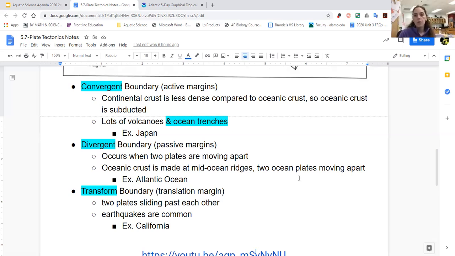And then the last boundary type are the transform boundaries. These are when two plates are sliding past each other. So they're not running into each other, they're not moving away, they're just sliding next to each other. Earthquakes are very common here. Think California. California sits on a transform boundary. Southern California is actually on part of the Pacific plate.